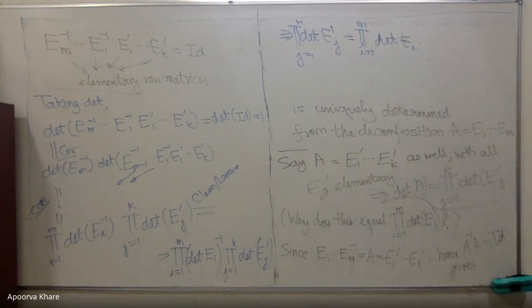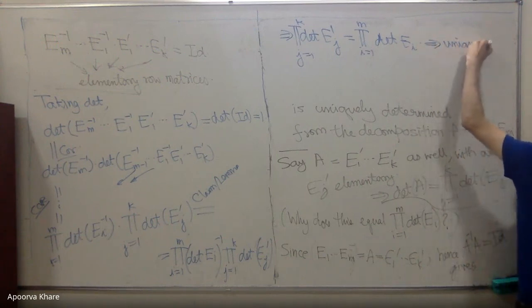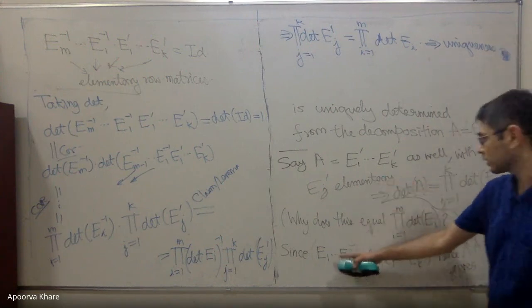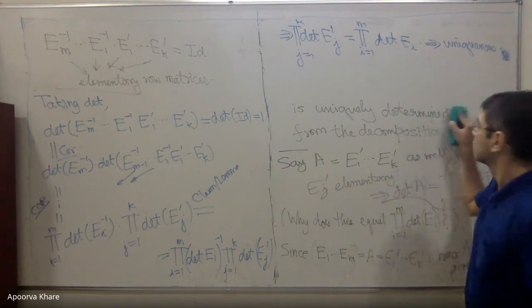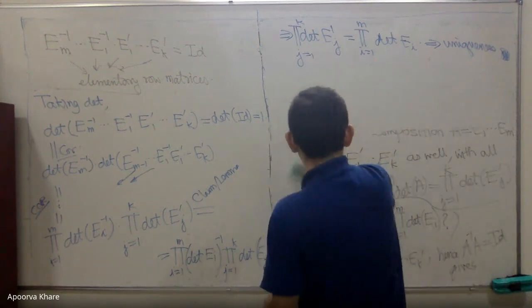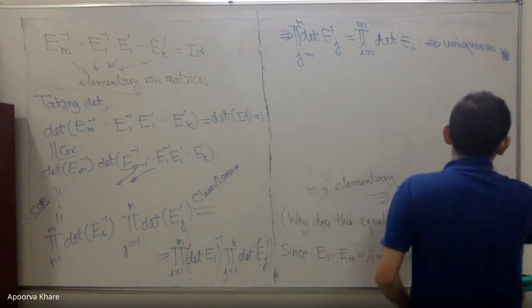And this proves uniqueness. The determinant is uniquely defined to be the product of the det of the elementary matrices. No matter how you decompose it as a product of elementary matrices, you get the same value.